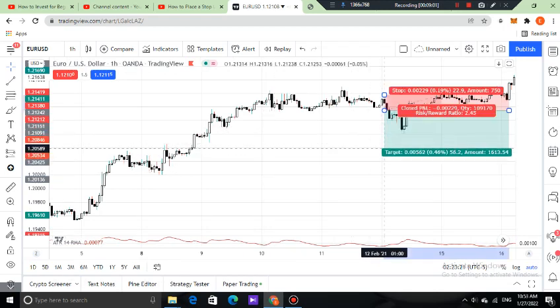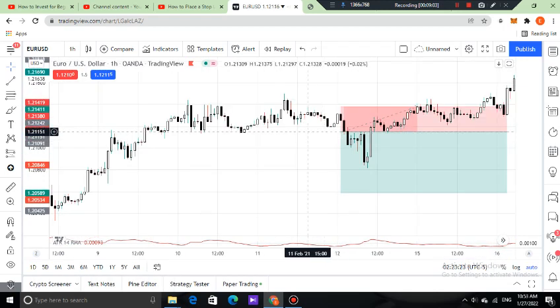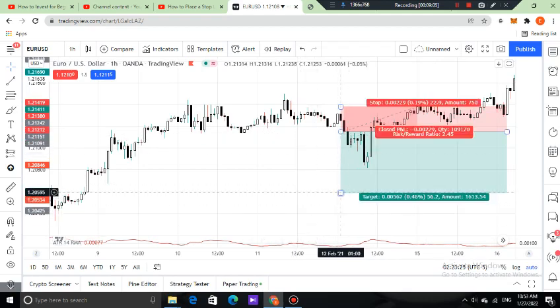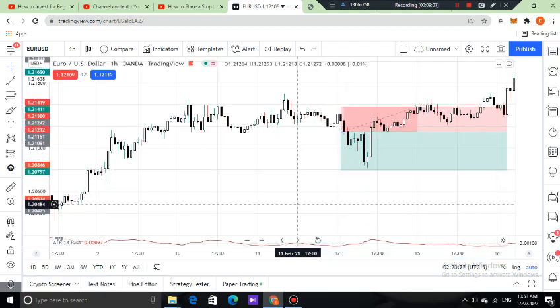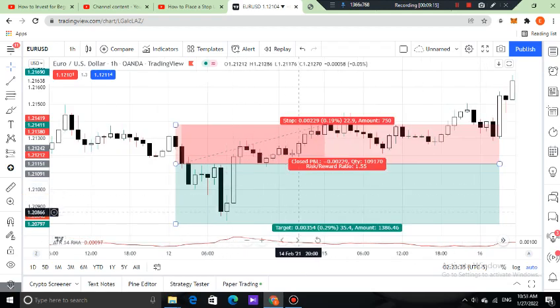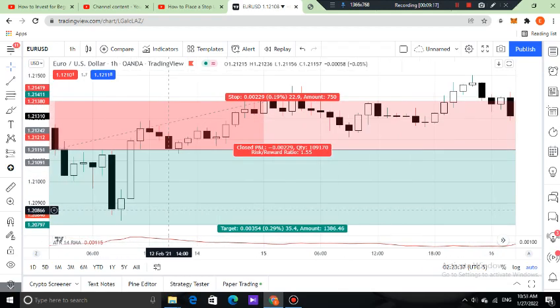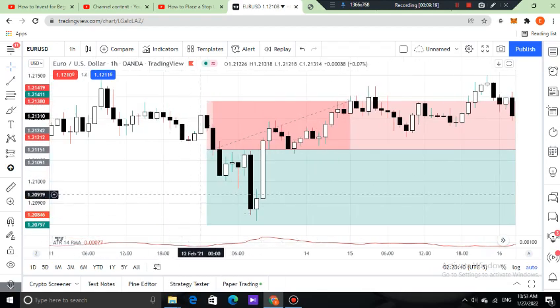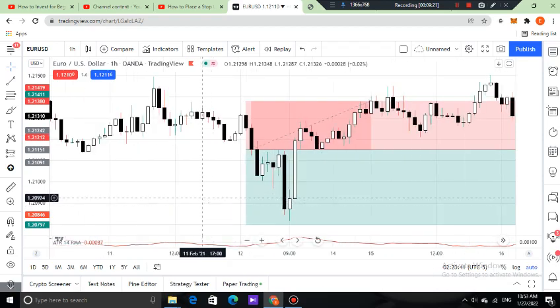Let's say you consider this level as your target, or even this target. If you look at it, it didn't touch your target, maybe you chose the wrong target, whatever.